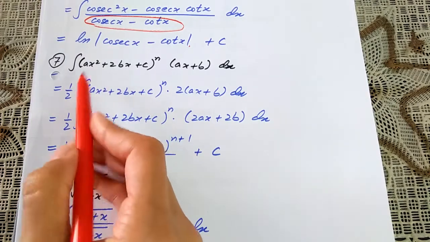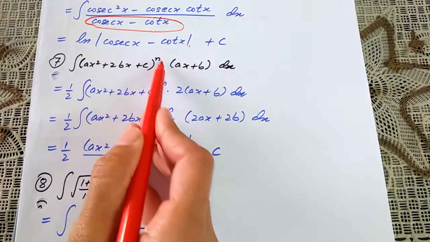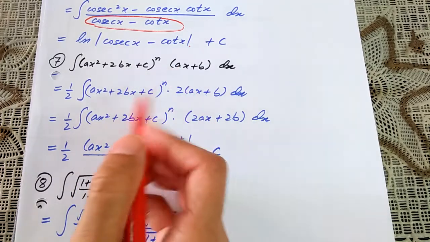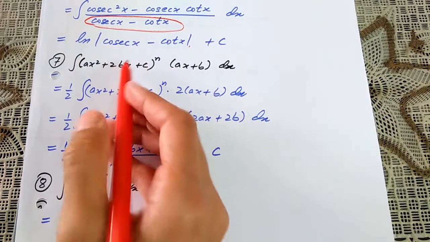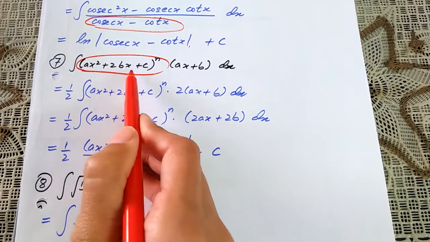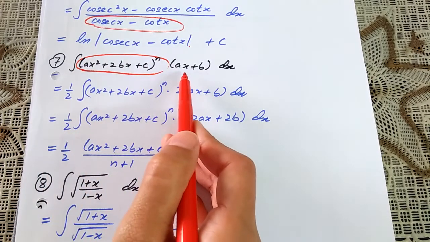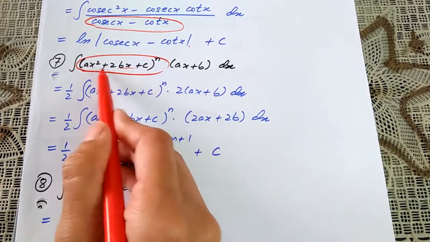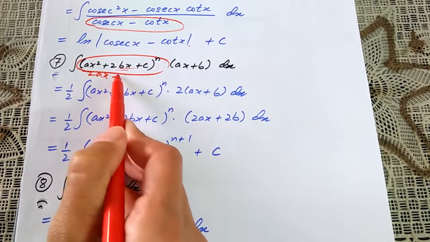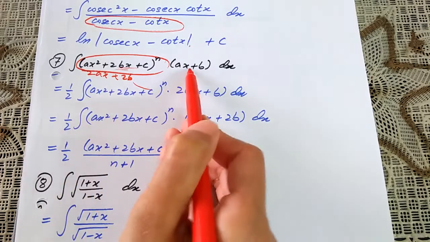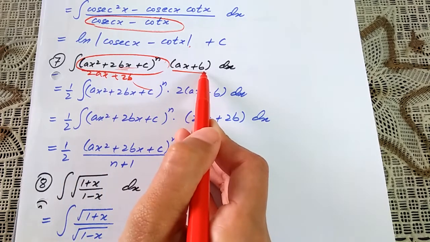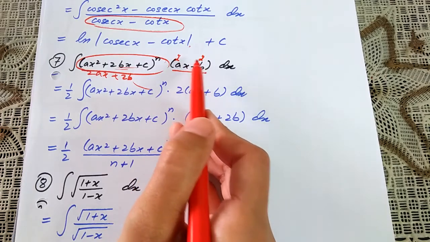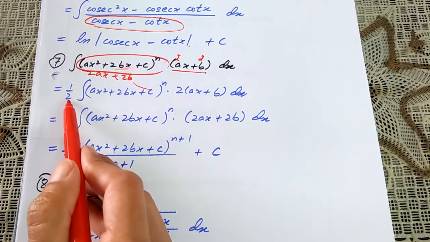Question number 7. ax square plus 2bx plus c, raised to the power n. Whenever we have a function in multiplication form, we check whether the bigger function has its derivative with it or not. Checking without the power, the derivative of this function will be 2ax plus 2b. We observe that we have the same function, but we don't have the 2 here, but we can make the 2 by multiplying with 2 and dividing with 2.